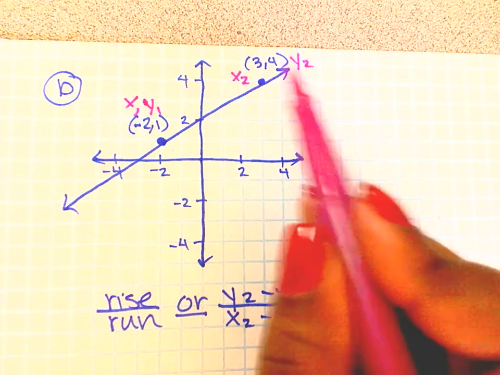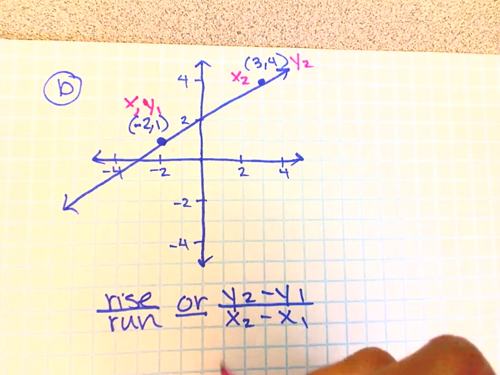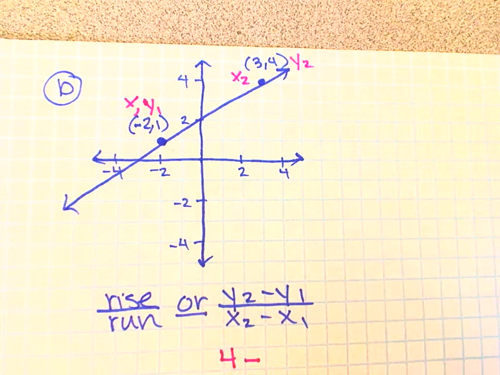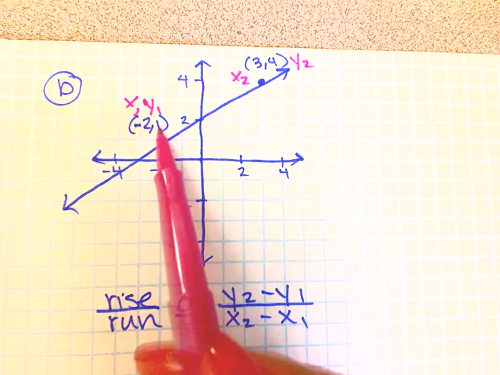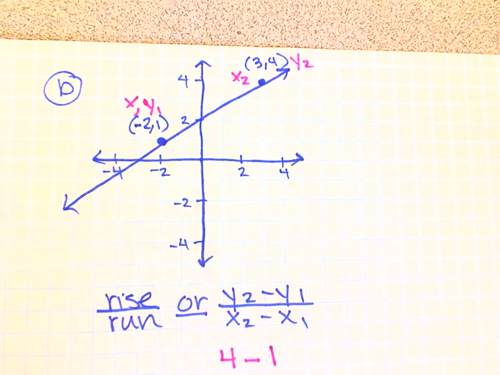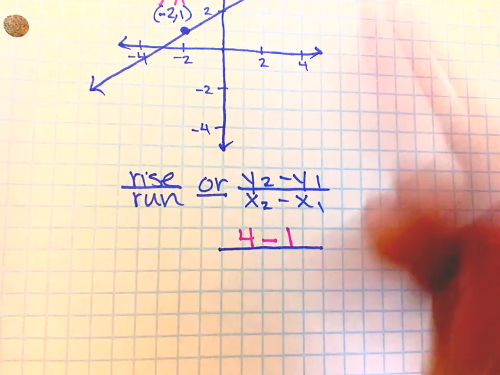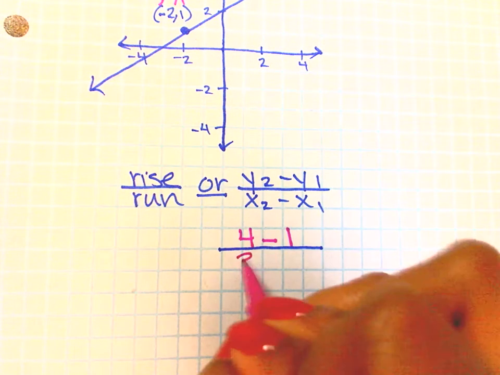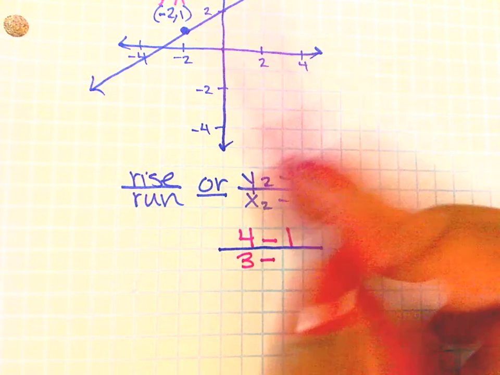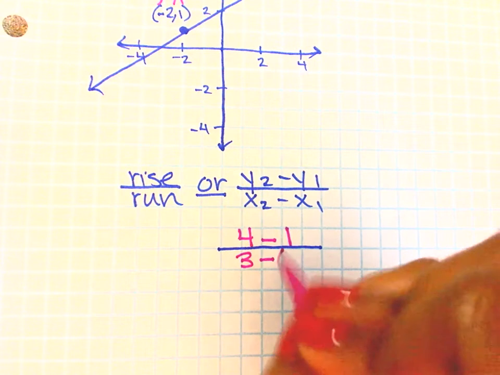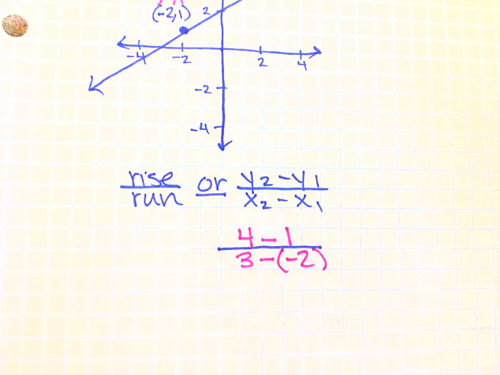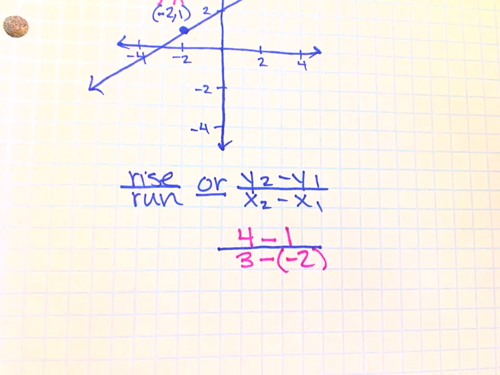My y2 is 4 minus my y1 is 1. Okay, got that. Over my x2, 3, minus my x1, negative 2. So you can see where I got those numbers.